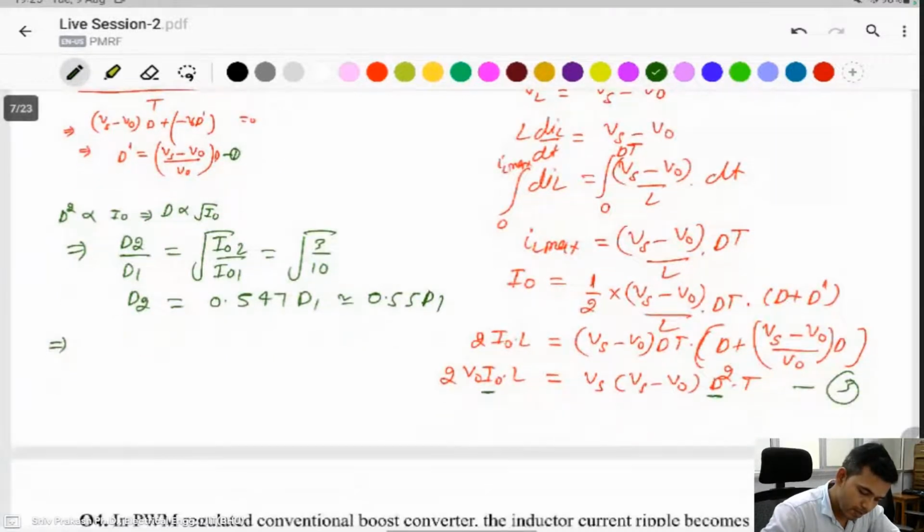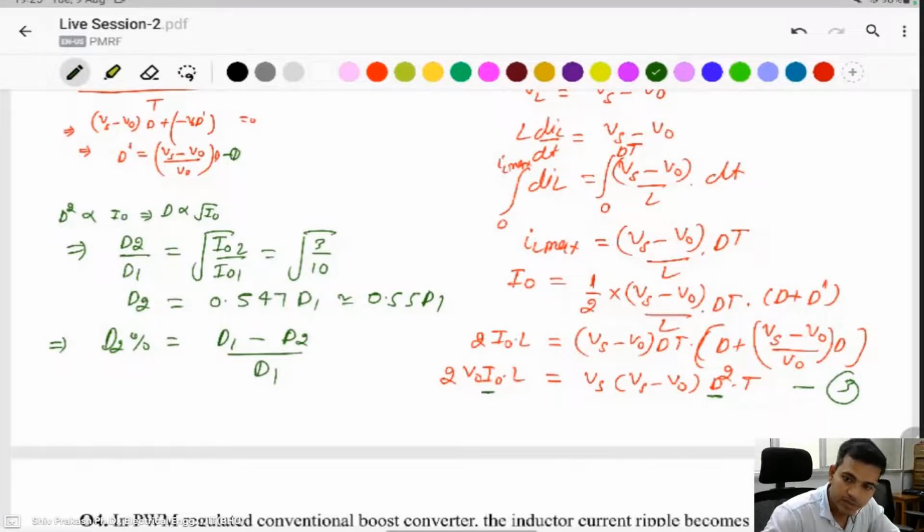Yes. Then what does the percentage change mean? The d2 percentage change is d1 minus d2 divided by d1, with respect to d1.